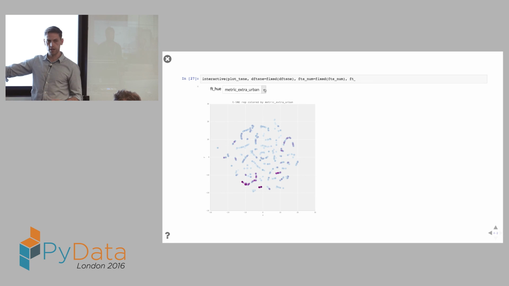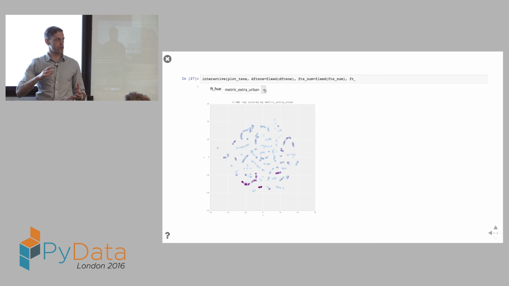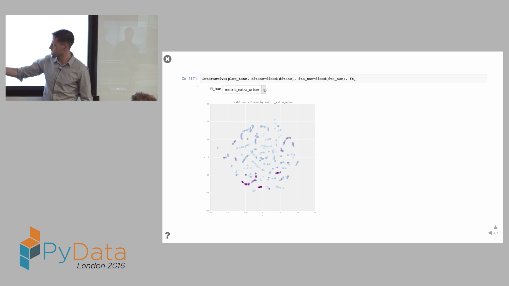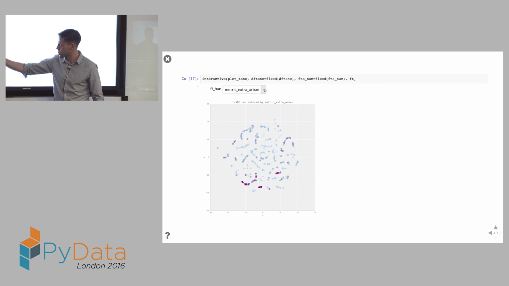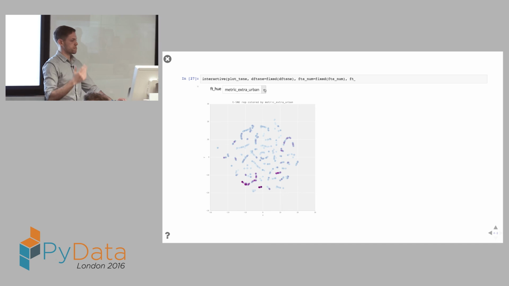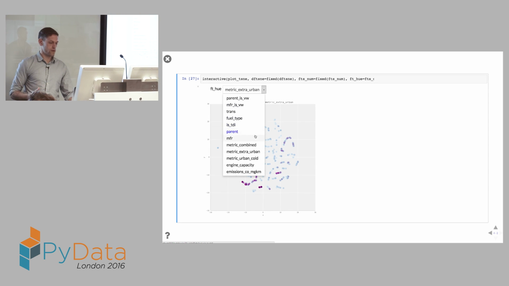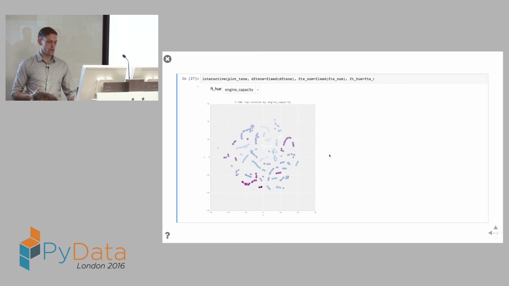So points that are far away in high-dimensional space are still far away in this. It's kind of a clustering. And points that are close together in high-dimensional space are close together on this. So we see there are bunches of cars, each dot is a car, which have a high metric of extra-urban. There are, similarly, some which have a high engine capacity.